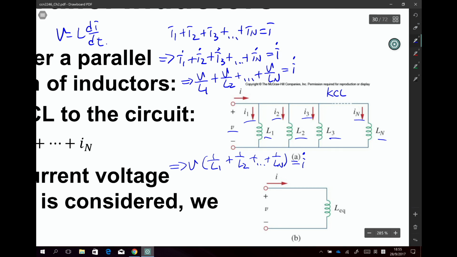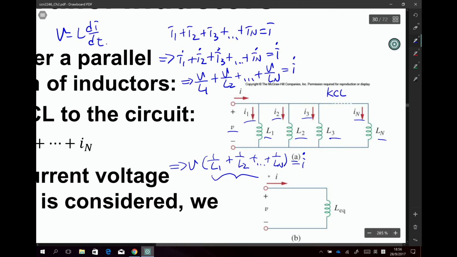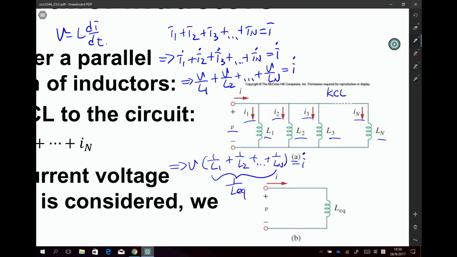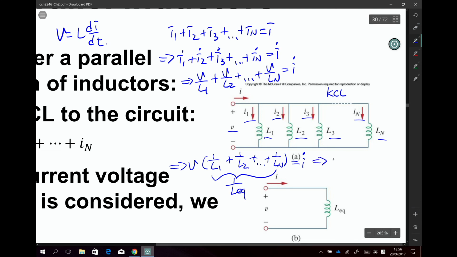So this time you can reduce the parallel network using a single inductance, where the sum of the reciprocals of the inductances equals the reciprocal of Leq. At the end, it becomes V over Leq equal to I dot, which is the IV characteristic of the inductance, so the parallel network can be reduced into a single inductor.